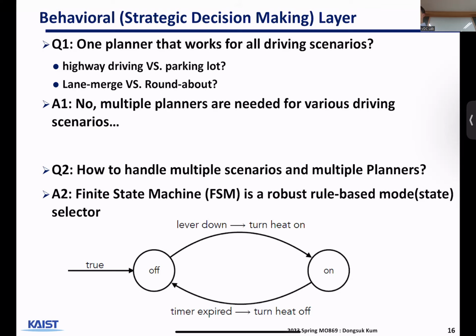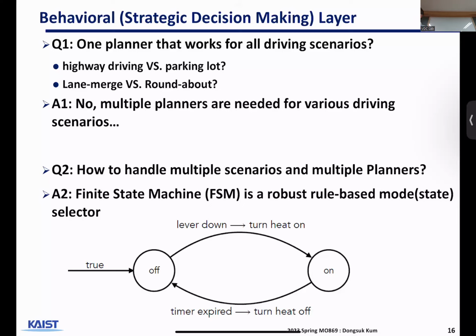so in conclusion, one good strategy would be divide and conquer, meaning that we divide complex problems into smaller problems, and then let different algorithms handle different problems. That way, we can come up with smaller and lightweight controllers or motion planners for different scenarios.